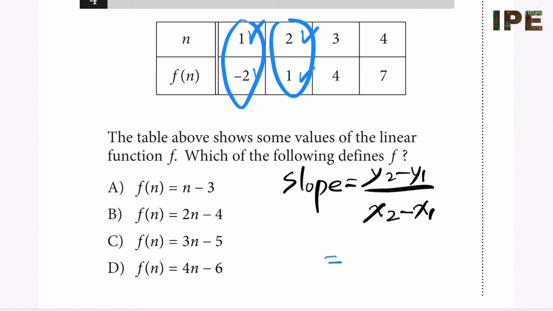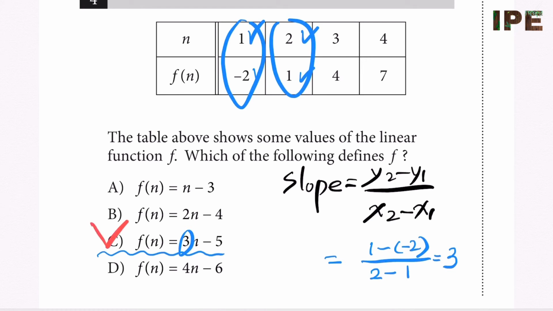So y2 minus y1 over x2 minus x1 equals 3. Which equation has a slope of 3? Only C has a slope of 3. So what is the answer? C is the answer.